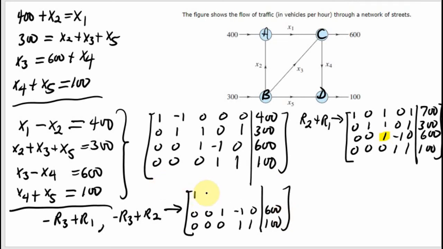So that's 1, 0, 0, 1, and 1. It's negative 600 and 700. That's a 100. So now negative times row 3 plus row 2. So this is 0, 1, 0, 1, 1. And this is negative 300.